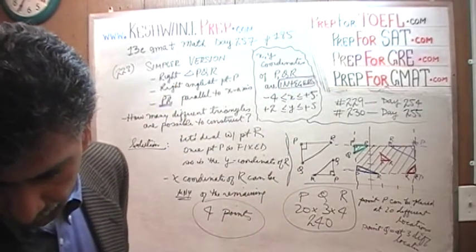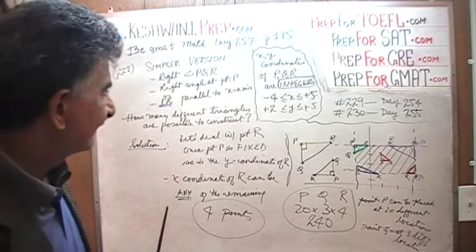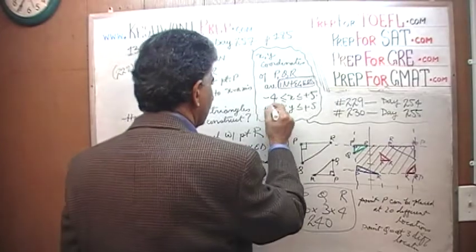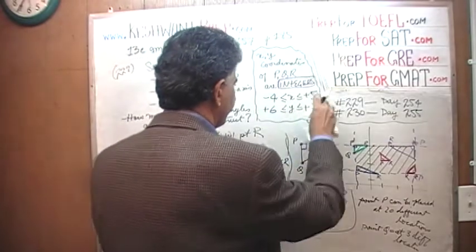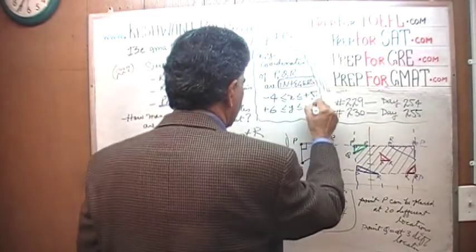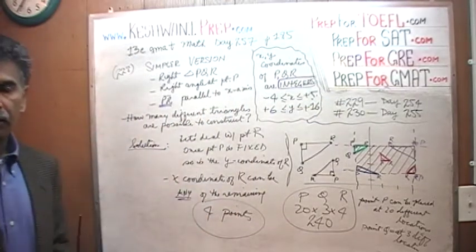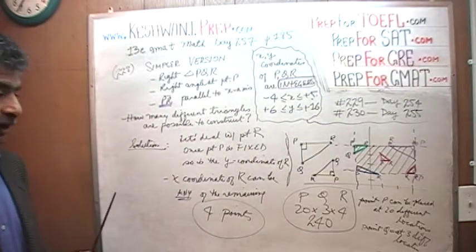And we are told that the y coordinate must be between 6 and 16, not 2 and 5, but 6 and 16. The question simply is, how many different triangles can one construct under these constraints? How many different triangles can be constructed?